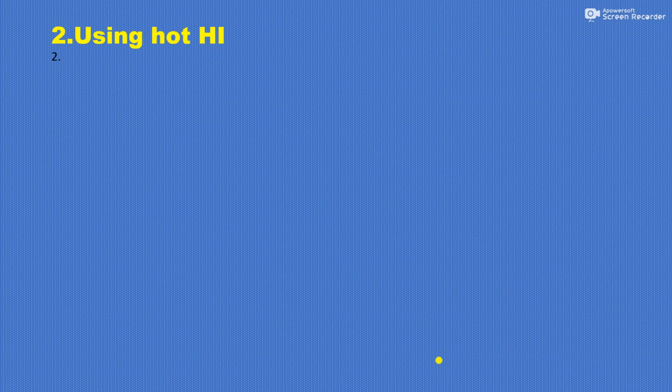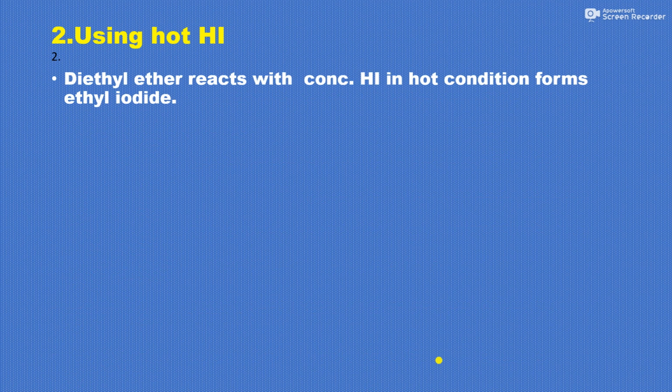But when we use hot hydroiodic acid, what happens? See here. Diethyl ether reacts with concentrated hydroiodic acid in hot condition and forms ethyl iodide. So this is diethyl ether reacted with hydroiodic acid at high temperature.